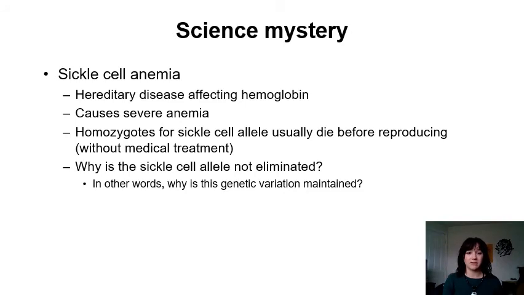But in the past, in the history of human evolution, that wasn't necessarily the case, right? So, interestingly, nowadays we still see people with sickle cell anemia, right? And so you would think, why in the history of human evolution did sickle cell anemia stay around? Why was this genetic variation maintained?